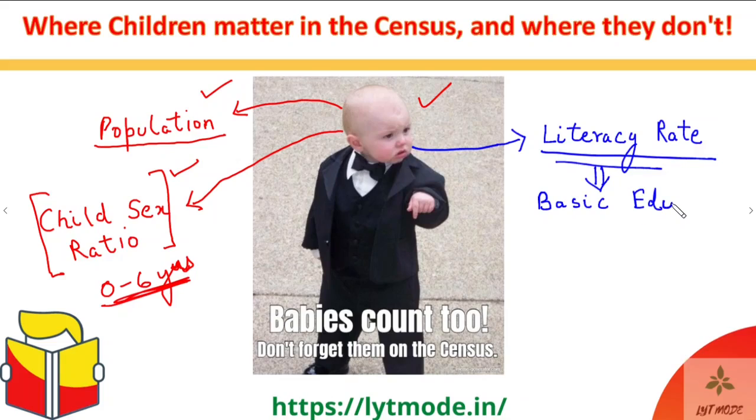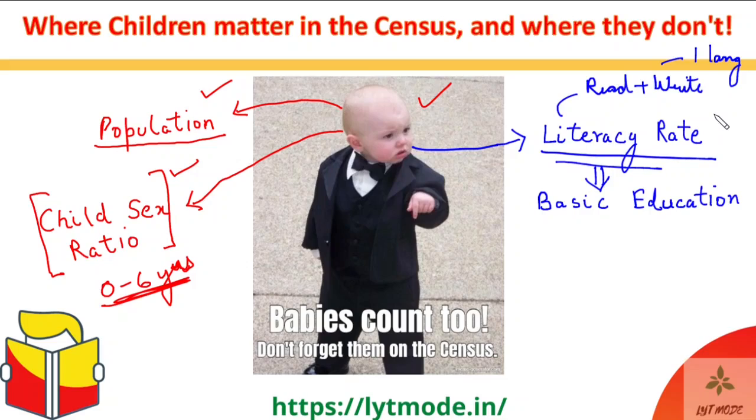It is those people who can read and write in at least one language, and that does not have to be English or Hindi. It can be any regional language as well. So anyone who can read and write in any one language is considered to be literate.